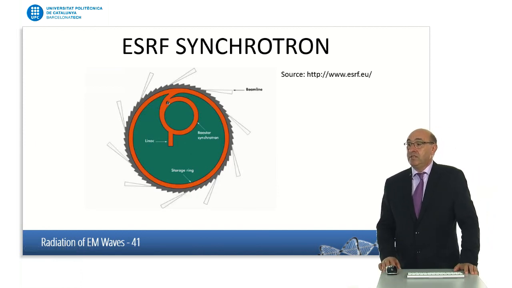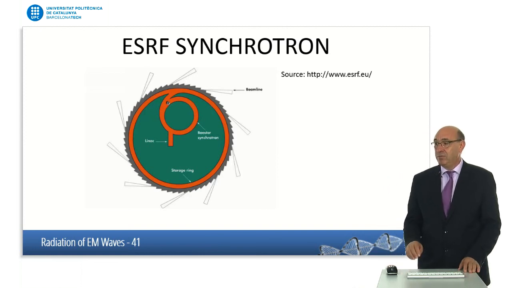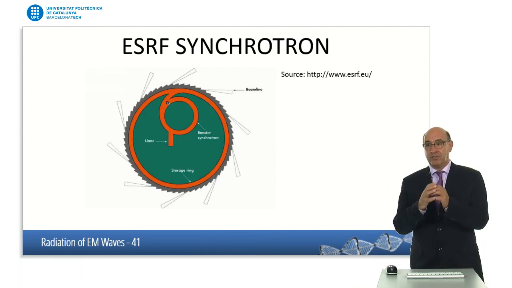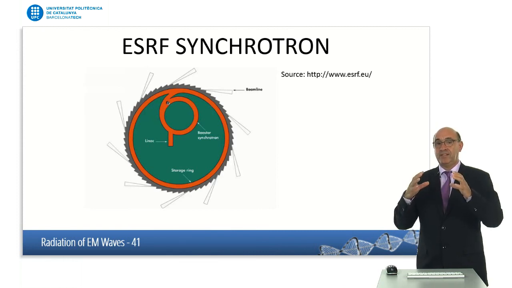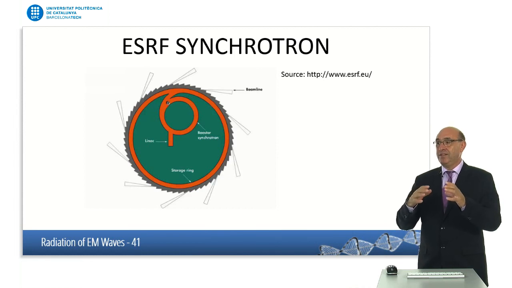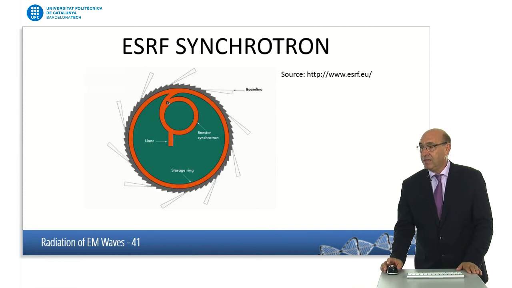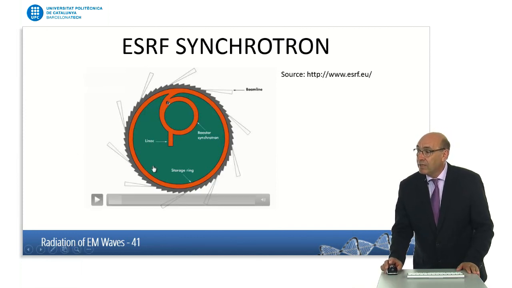If you look at this picture, you will see there are two loops in there. This is a typical situation. The inner loop was an older synchrotron that was small in size. And when they built the larger one, they just kept this one to be a pumping source for the following one. The electrons are injected with very powerful microwave tubes along this linear path, and they are accelerated.